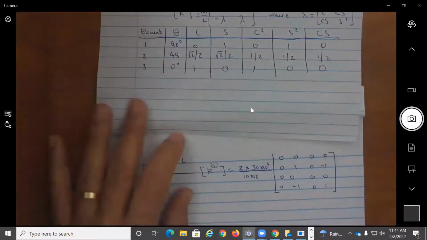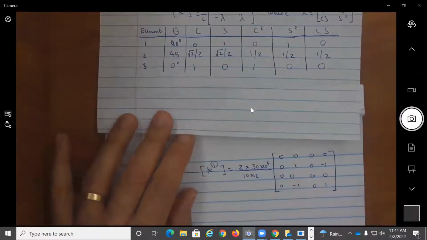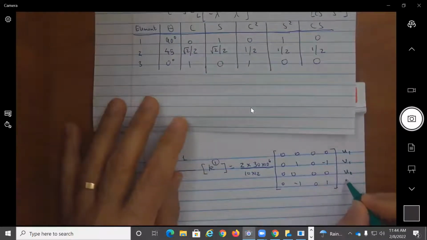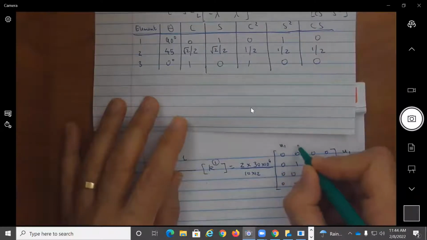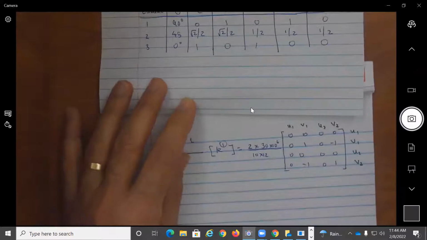So for element 1, if I want to label this local stiffness matrix with corresponding degrees of freedom, I will put here U1, V1, U2, V2, U1, V1, U2, and V2. Correct?